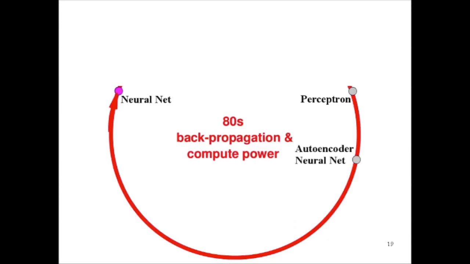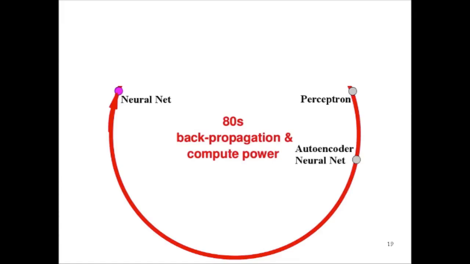And the field came back to life in the 80s with 2 big things. One is the use of modern computers to train neural nets. And the second is backpropagation, which is basically the algorithm that we still use today to train multi-layer neural networks. And that made a big difference.